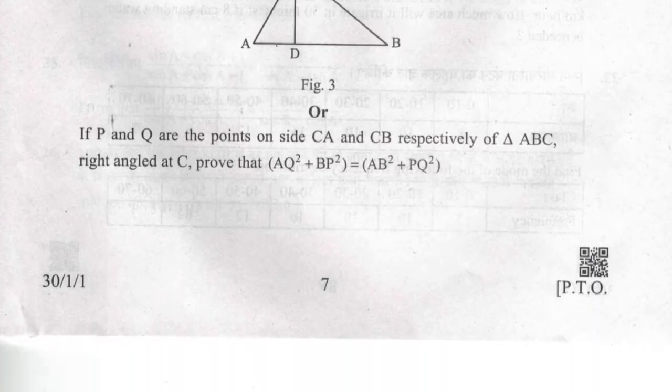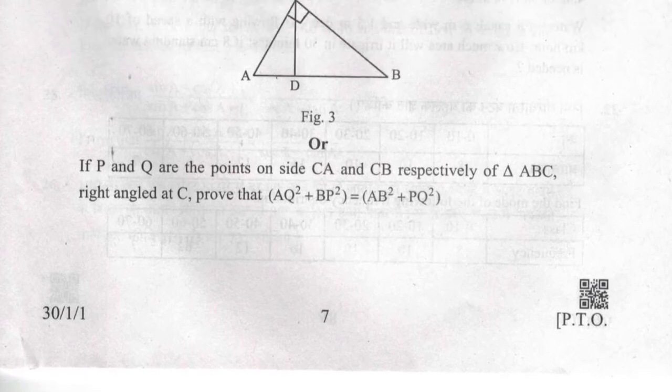In 19th question too, we have a choice. So the other question is, if P and Q are points on sides CA and CB respectively of triangle ABC, which is right angled at C, we need to prove that AQ square plus BP square is equal to AB square plus PQ square.